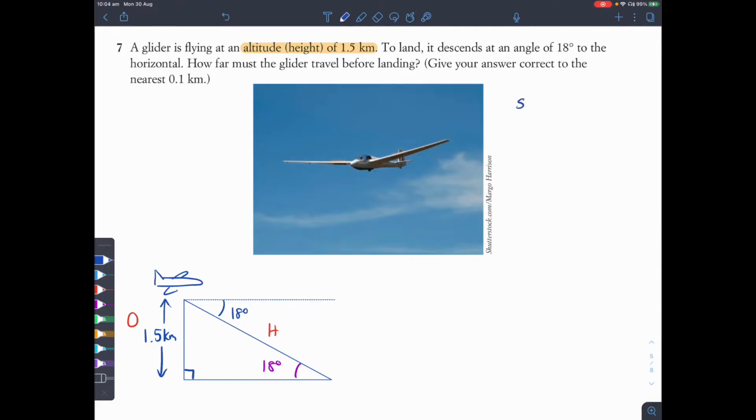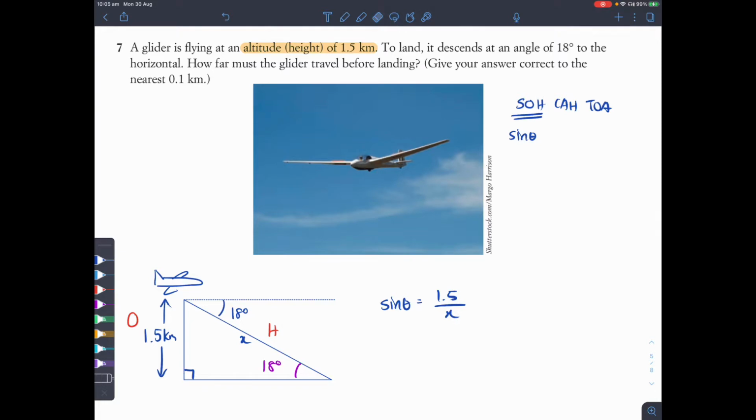So using our mnemonic SOH CAH TOA, you know that O and H belong to SO, which resembles the sine ratio. So we're going to have the sine ratio equal to the opposite side over the hypotenuse. That is 1.5 over the hypotenuse, which we don't know. We'll just call that x. So we'll say 1.5 over x.